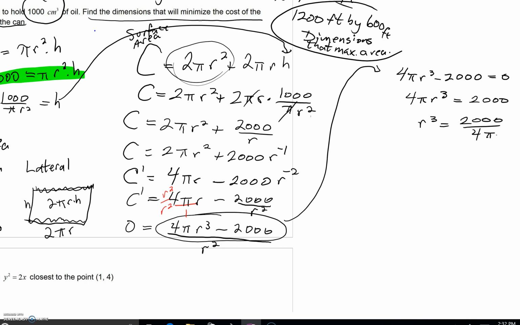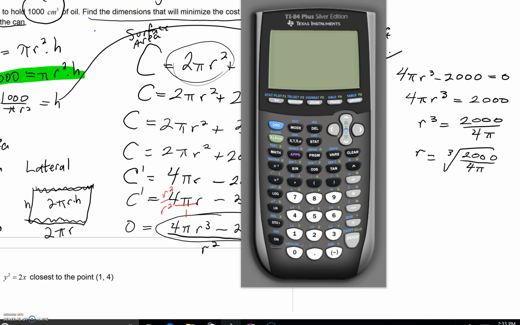And it's 500 over pi, and you can write that out if you'd like. That would definitely be okay. But I guess what I'm really getting at is, at the end of the day, even if you didn't simplify it, if you wanted to get an answer with your calculator real quickly, that's a good thing to do.